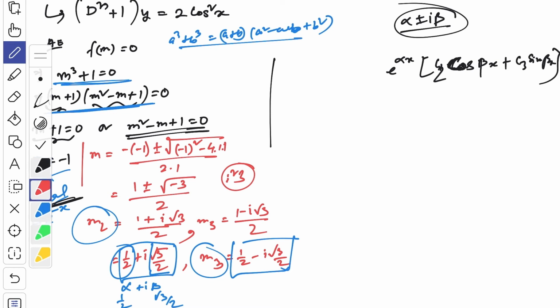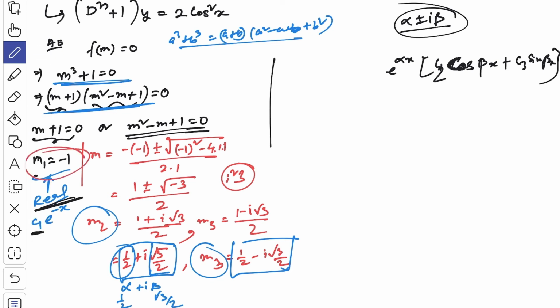And for the real part, we have got m1 equal to minus 1, which is real. For this case, this is our CF. So the CF of this equation will be C1 e to the power minus x plus this part.